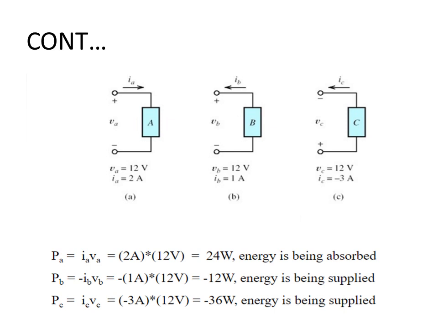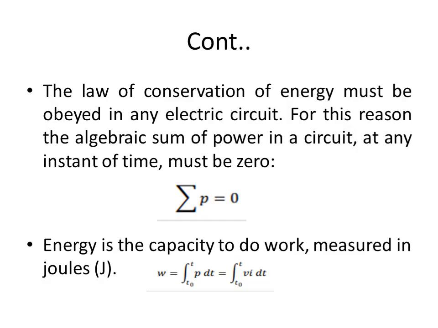Okay, and I think it is clear that for any electric network, the sigma of power or algebraic sum of power in a circuit is equal to 0. That means power being supplied is equal to power being absorbed, or the sum of the powers in a circuit is equal to 0.